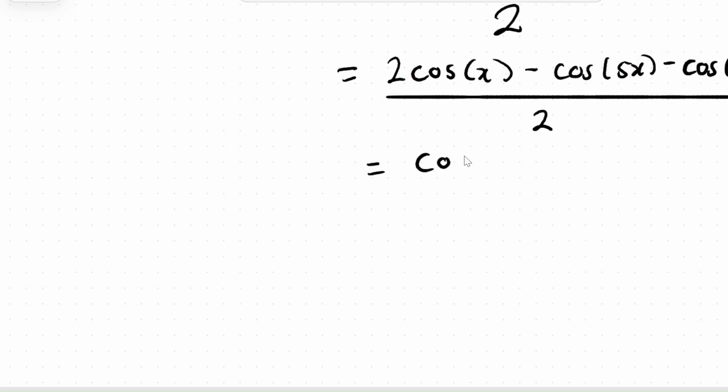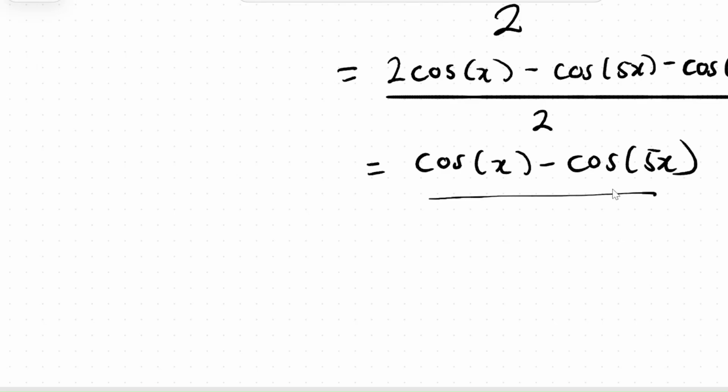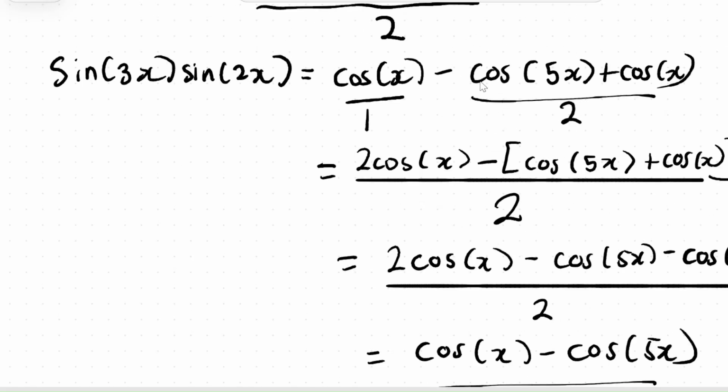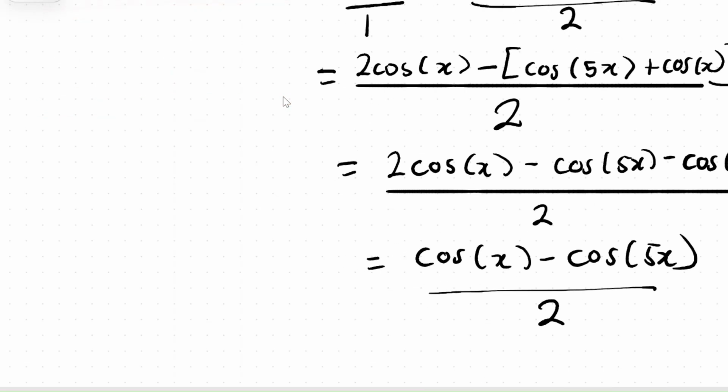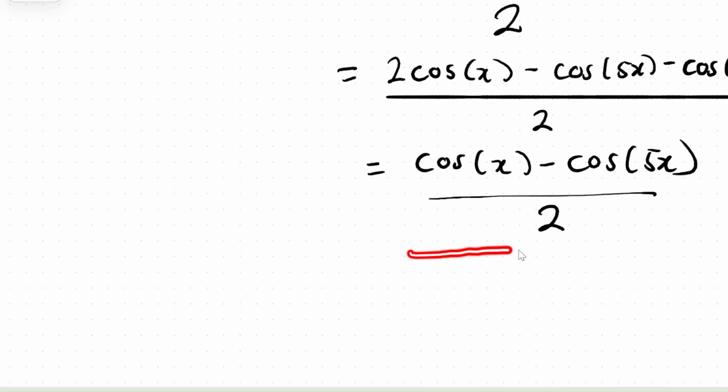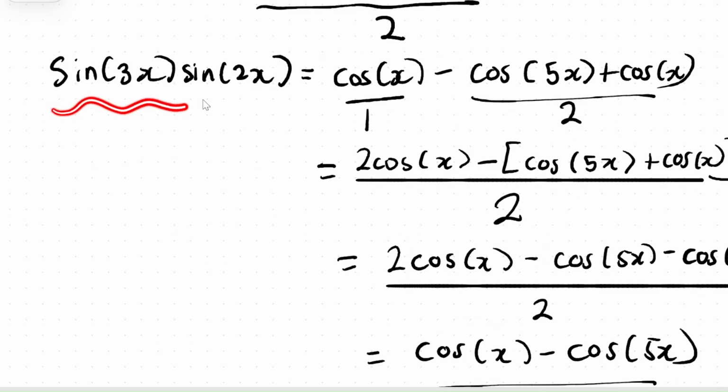So that would be cos of x minus cos 5 of x divided by 2. So that means that another way of writing sine 3 of x multiplied by sine 2 of x would be this.